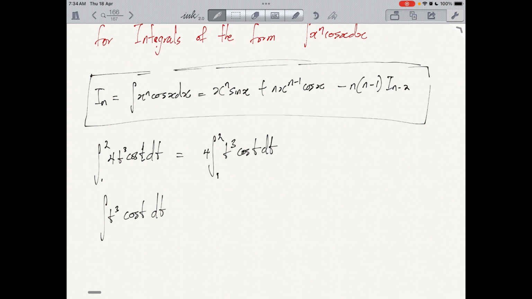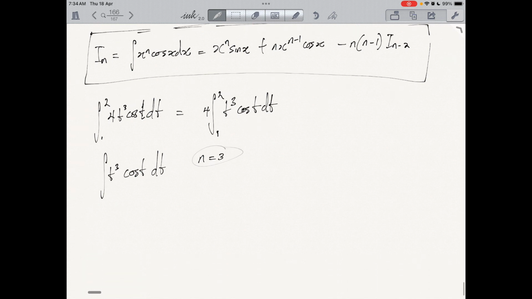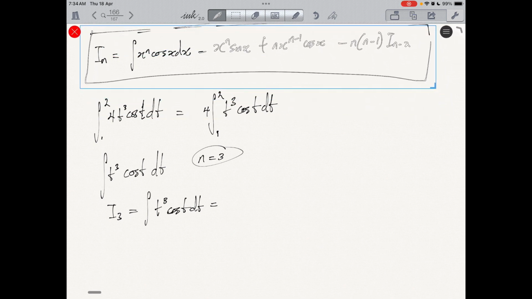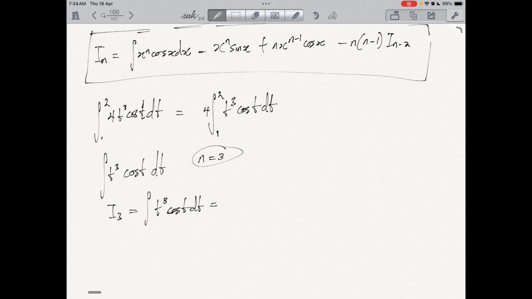Now in this case, our n is equal to what? 3. So therefore we can say that I_3 is equal to the integral of t^3 cos t dt, which is equal to, so we are going to repeat the same thing we have here, but this time we are going to change the variable from x to t.